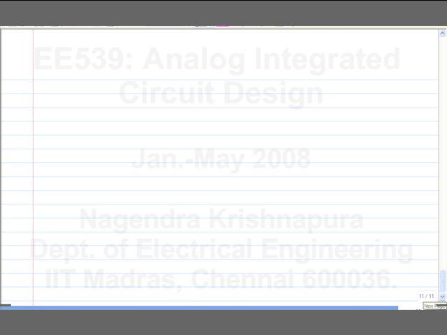So, normally this is a common gate amplifier and the gate should be biased with some fixed potential. Let's say we do it with an ideal voltage source. This is the bias voltage. Now, there is no such thing as an ideal voltage source. It has some resistance.